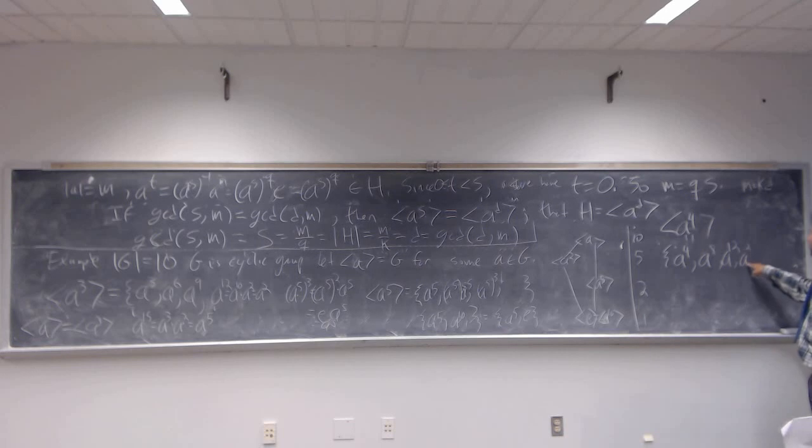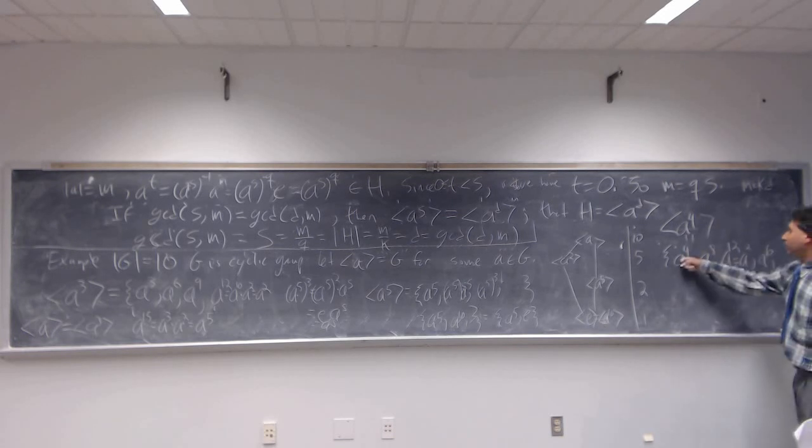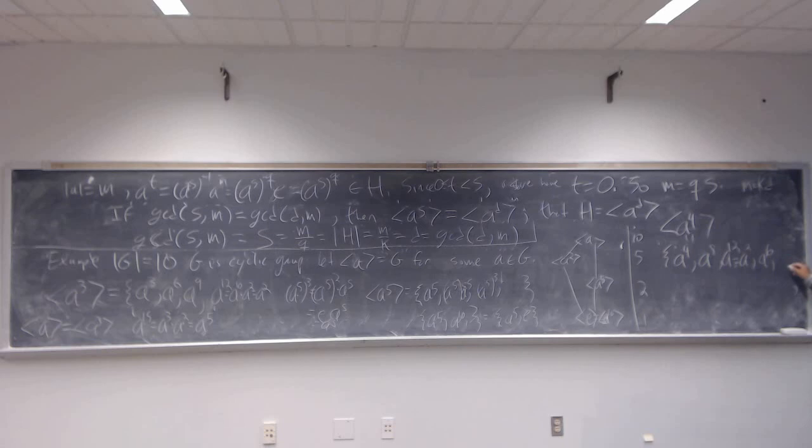Then the next would be A to the 16th, which would just be multiplying A squared by another A to the 4th. So that would give me A to the 6th. Then to get the next power, I multiply A to the 6th by A to the 4th one more time. That would give me A to the 10th. That's the identity.